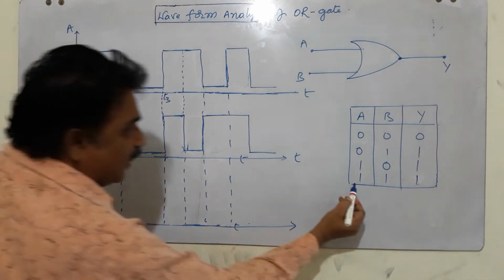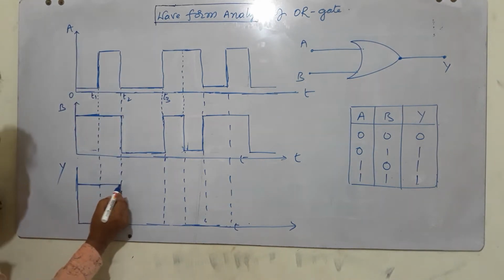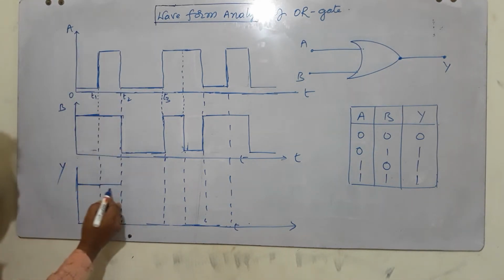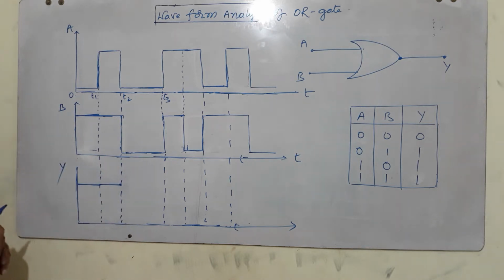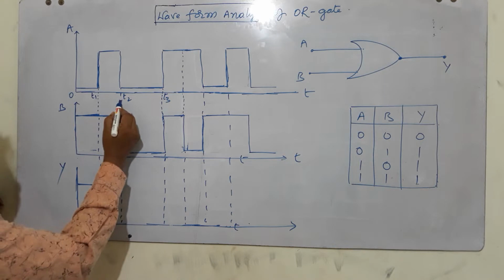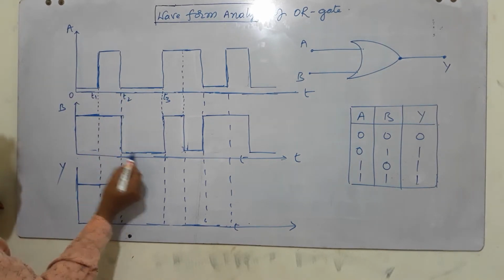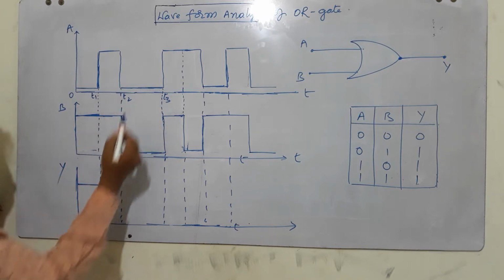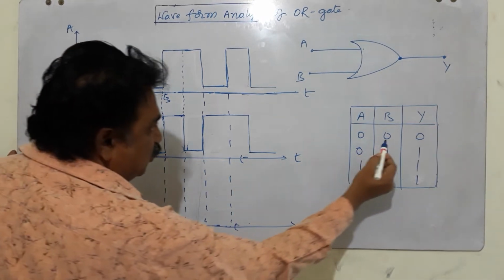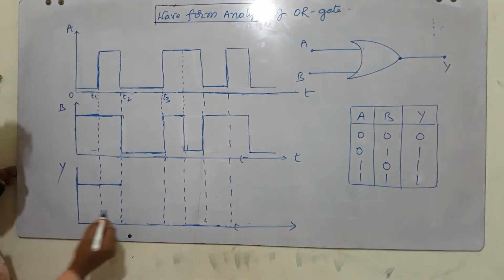If both are high, the output will be high. So, for t1 to t2, the output is just like this. Next, from t2 to t3, A is low and B is also low, that means 0 and 0. For 0 and 0, the output Y is 0.